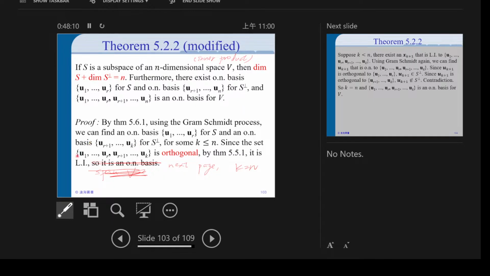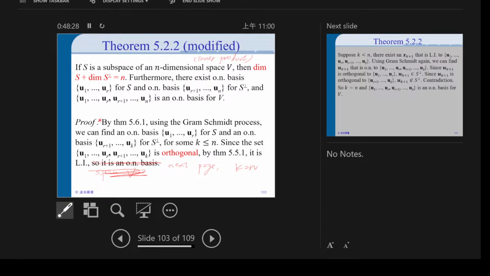On any inner product space, S and S perpendicular add up to dimension n, and they have orthogonal bases for each other, and together it becomes an orthogonal basis.